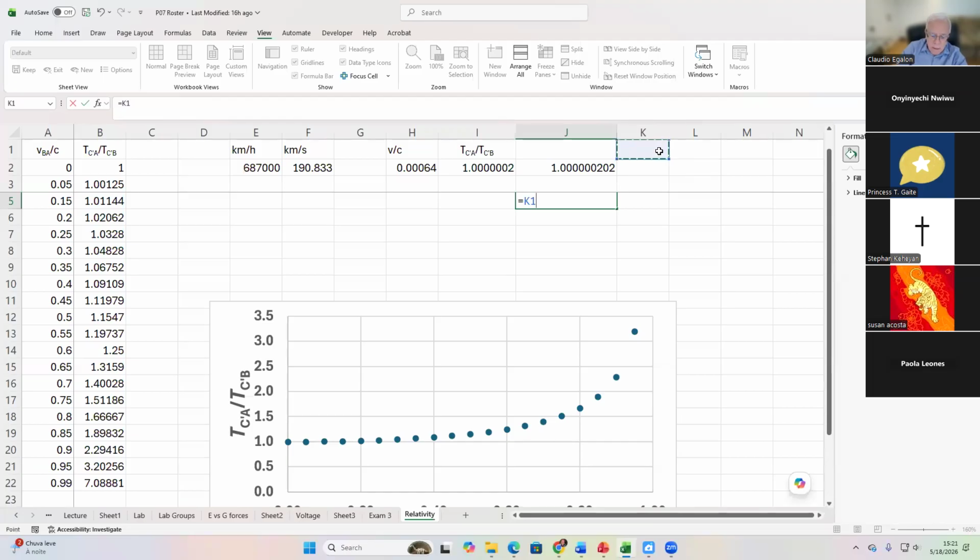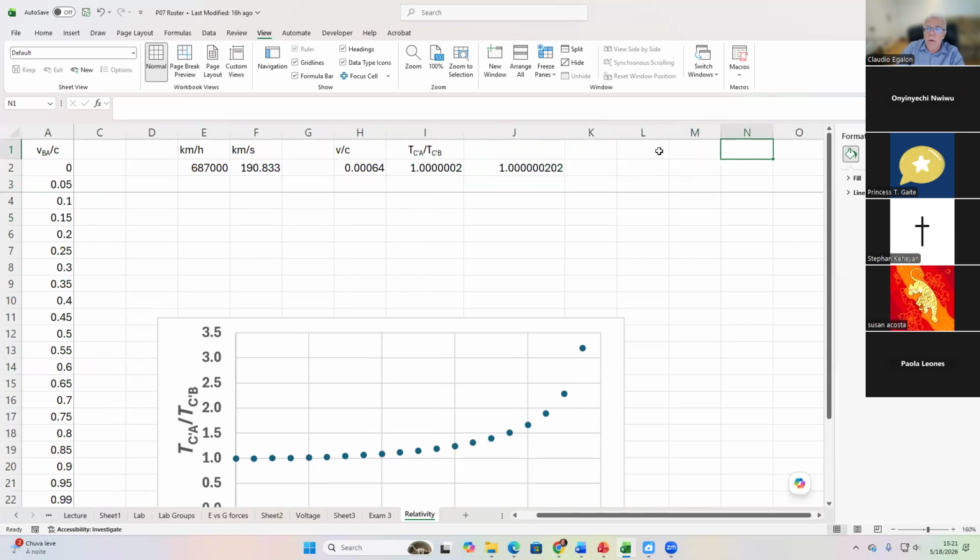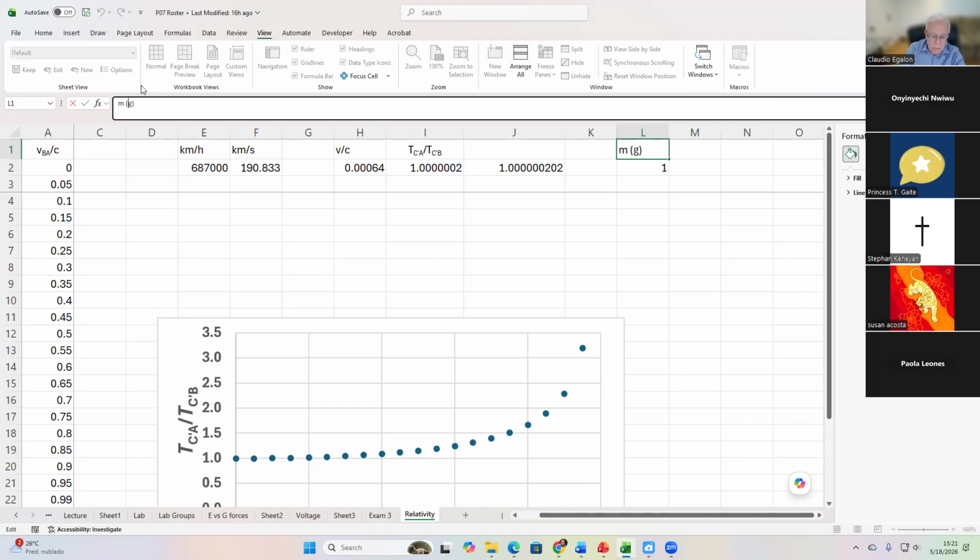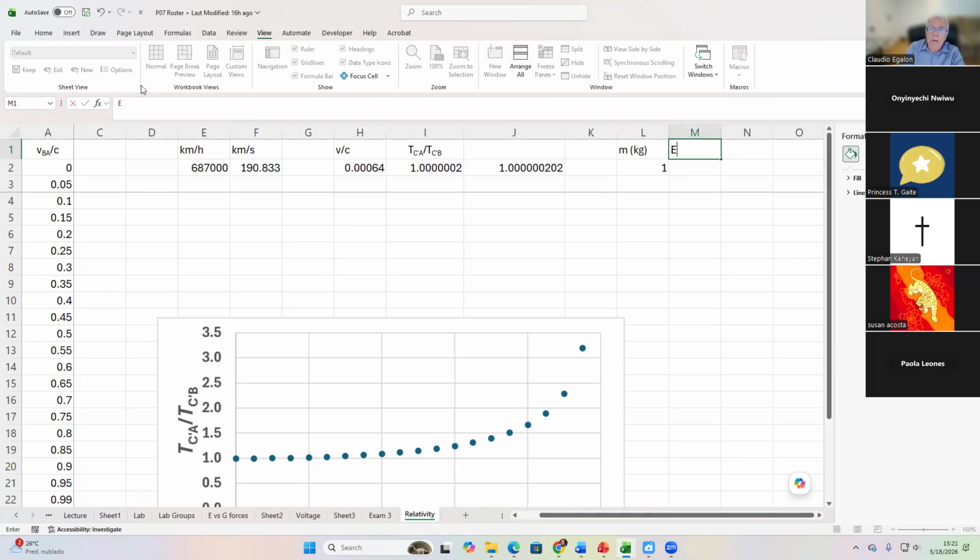Mass, 1 kilogram, not grams. And energy, rest energy.